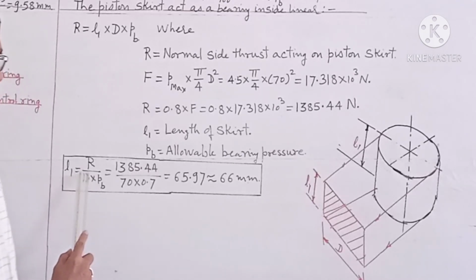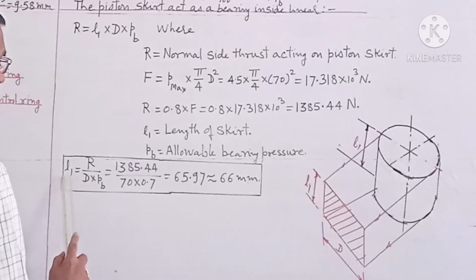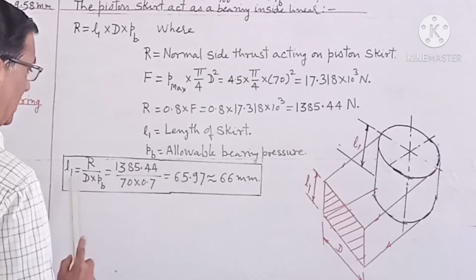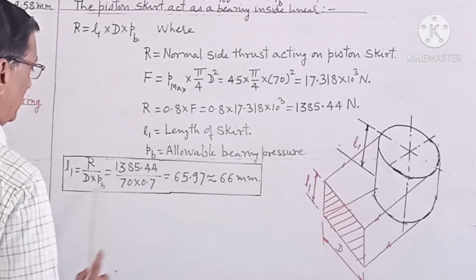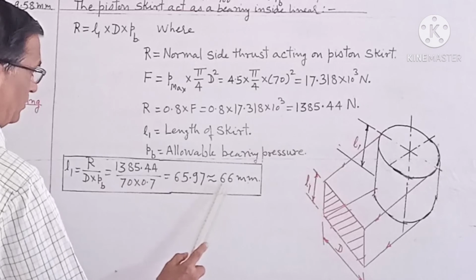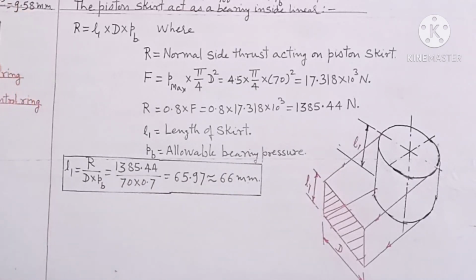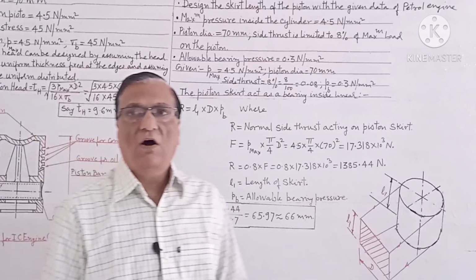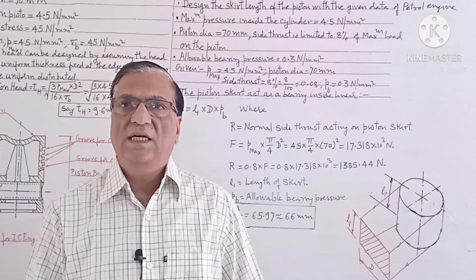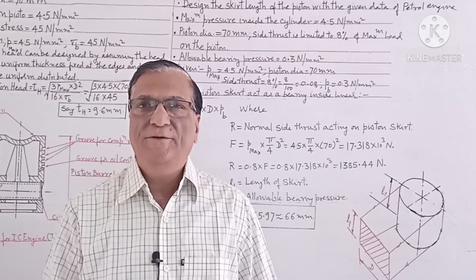So putting the values of R, D and PB, L1 comes out to be 65.97. Say we will take 66 millimeter. So length of the skirt L1 comes out to be 66 millimeter. So this is all about the design of piston. This is the end of the session. Thank you very much.